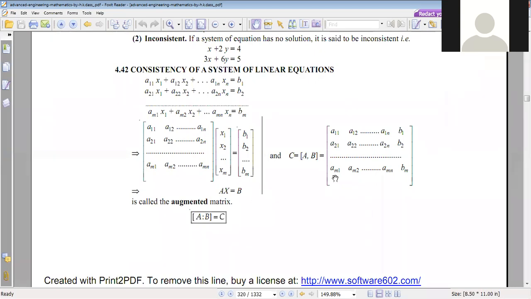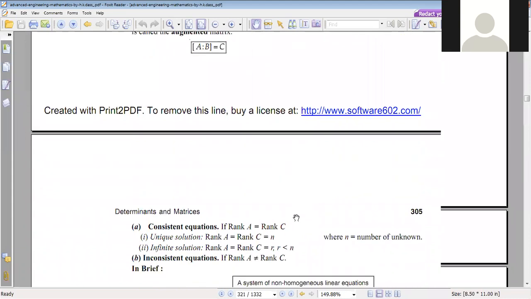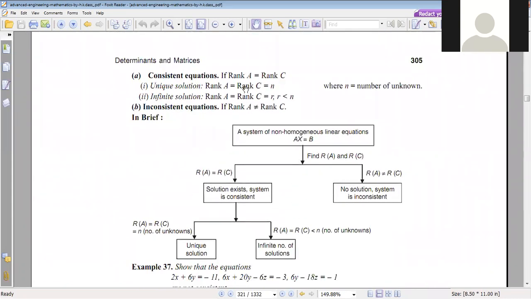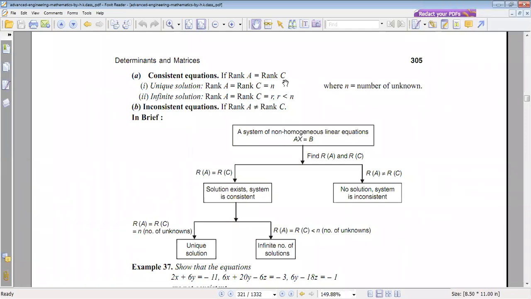Now, if the rank of A is equal to the rank of C, that means the rank of the matrix is equal to the rank of the augmented matrix, then we can say that the system is consistent.